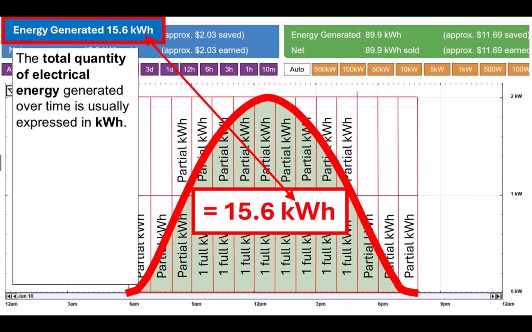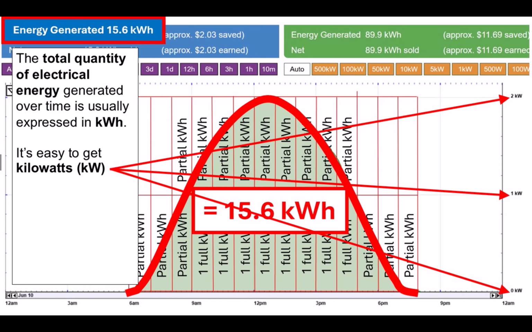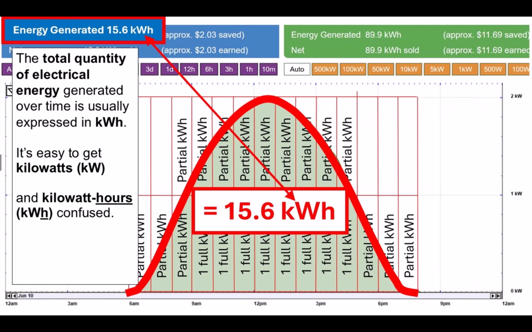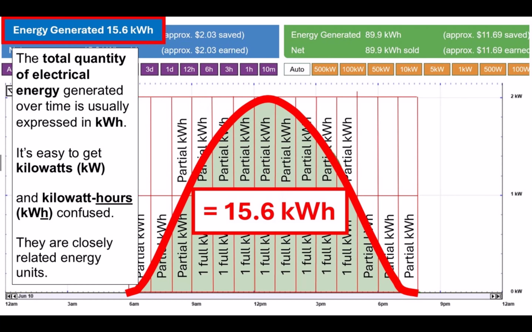The total quantity of electrical energy generated over time is usually expressed in kWh. It's easy to get kilowatts, kW, and kilowatt hours, kWh, confused. They are closely related units.